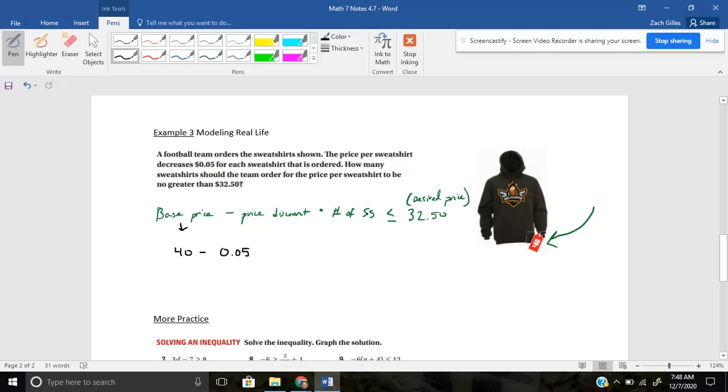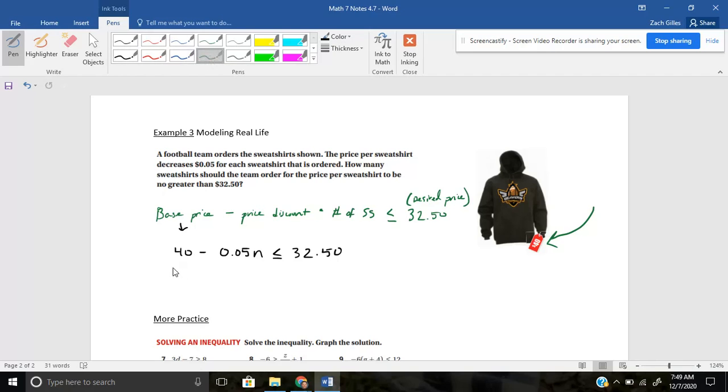Well, I don't know that, so I'm going to just call that n. So I get 5 cents off per sweatshirt. So that would be 5 cents times each sweatshirt needs to be less than or equal to that desired price, which I want it to be less than or equal to $32.50. Okay. So there is my inequality. Now I just have to solve it.